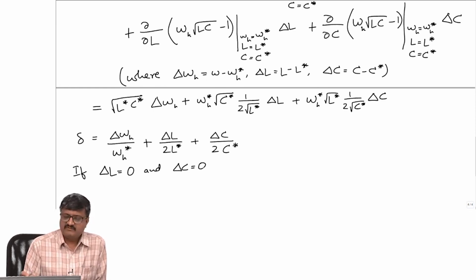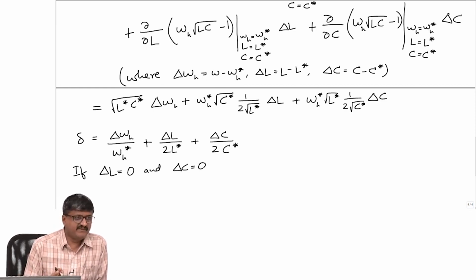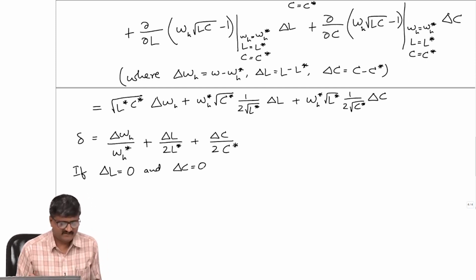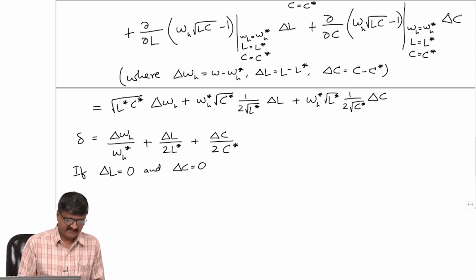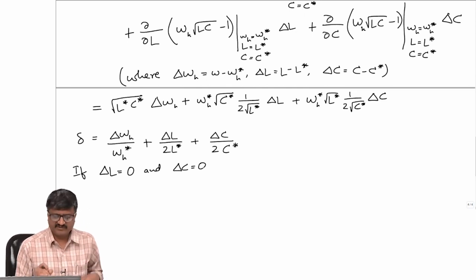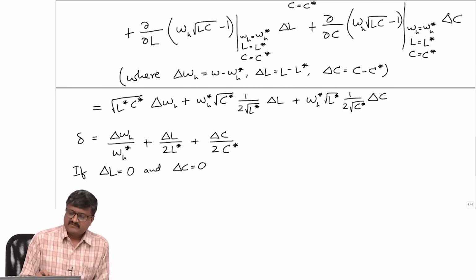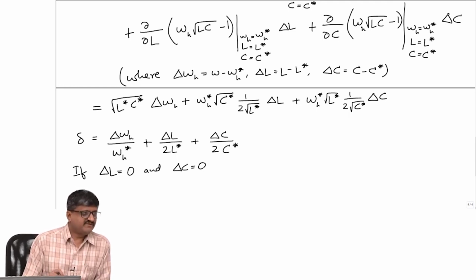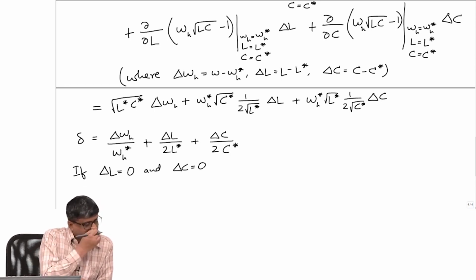Now, please note what I have got is the general expression for delta. I am just taking a simplified case for the sake of studying design. In spite of this, design is not so easy, it is a very complicated stuff.